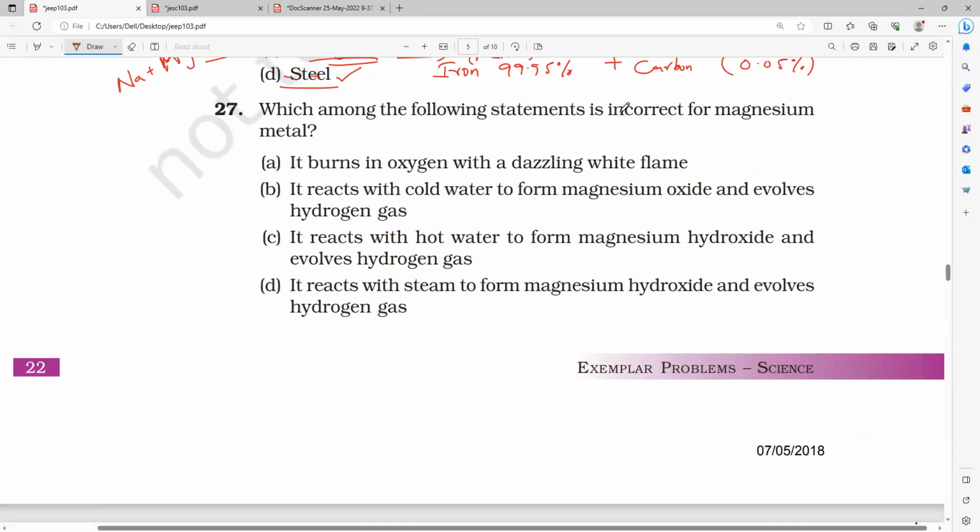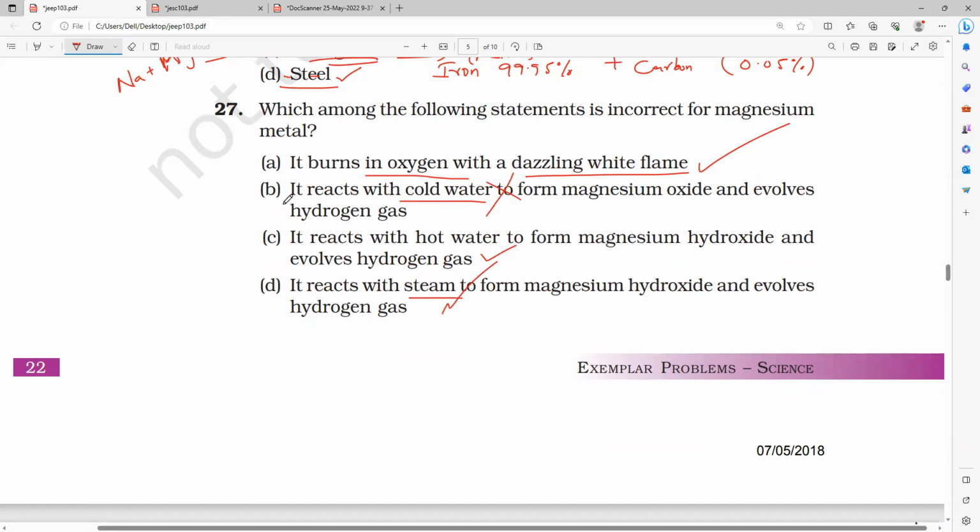Next. Which of the following statements is incorrect for magnesium metal? Anybody? By reading itself, you can tell. It will burn in oxygen with a dazzling white flame. 10th class will start with this only. Correct. It reacts with hot water. Yes. It reacts with steam. Yes. But it won't react with what water?